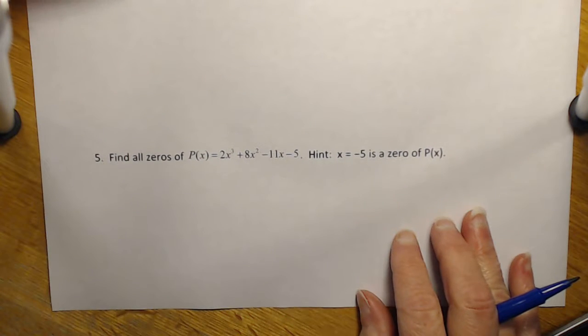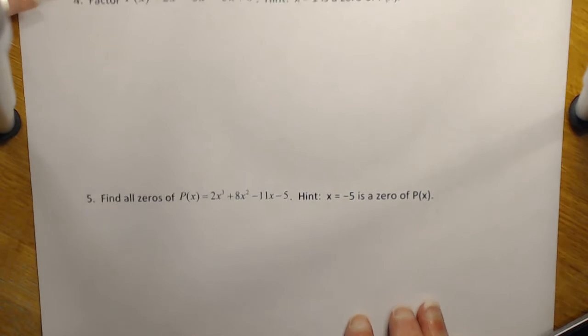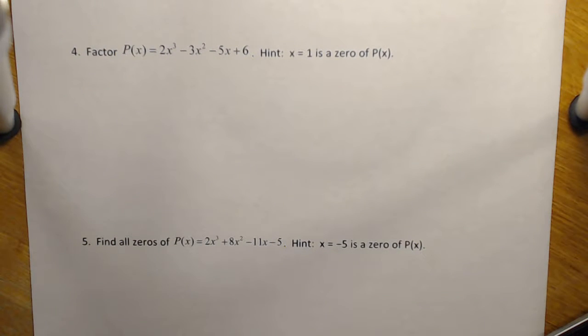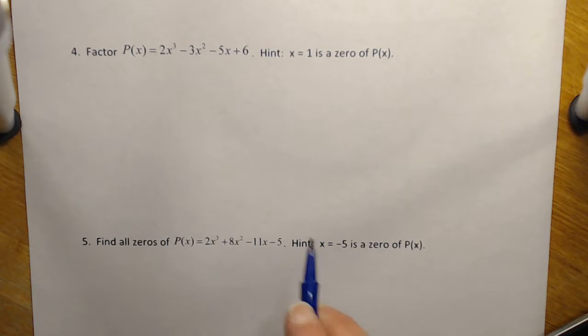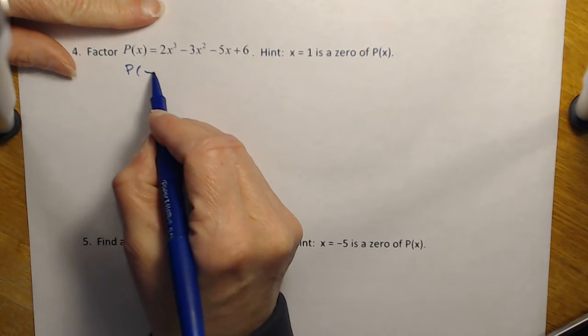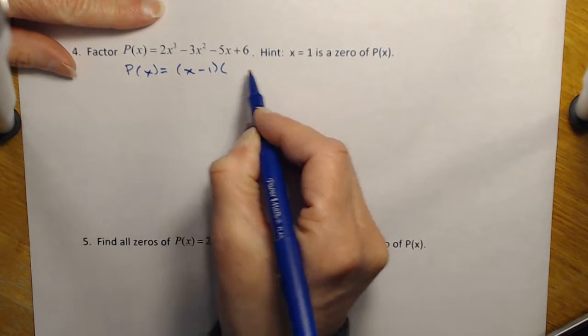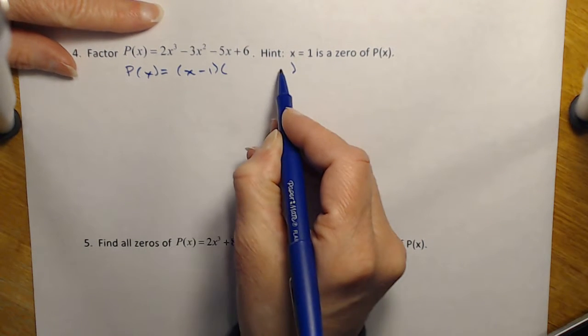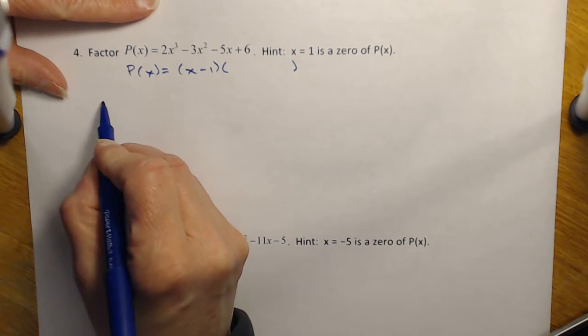Now this one, we have again a degree 3, but I'm only giving you one zero. So we're obviously going to need to find the other two. But we have one of them, so we already know that if 1 is a 0, x minus 1 is a factor. We need this other piece, but that's just our synthetic division. We want to divide out x minus 1.